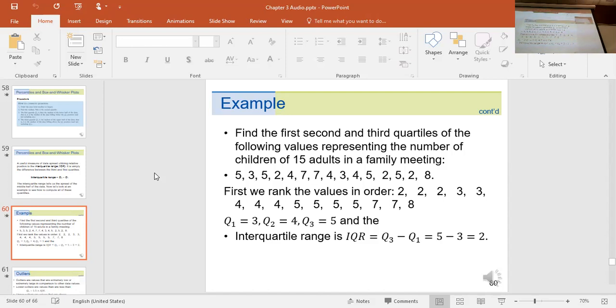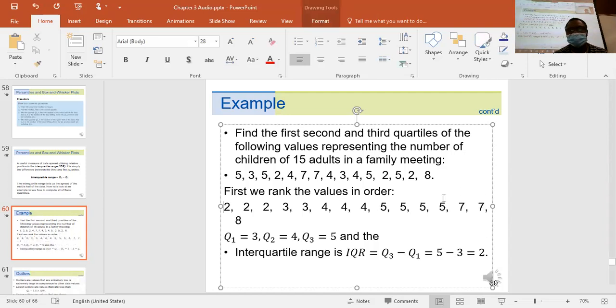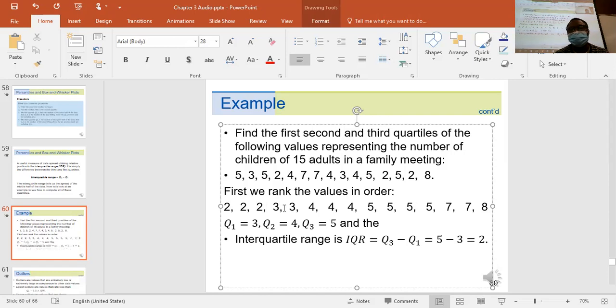We will arrange it in order. So from these values, I want the data to be on the same line, so we can all see.